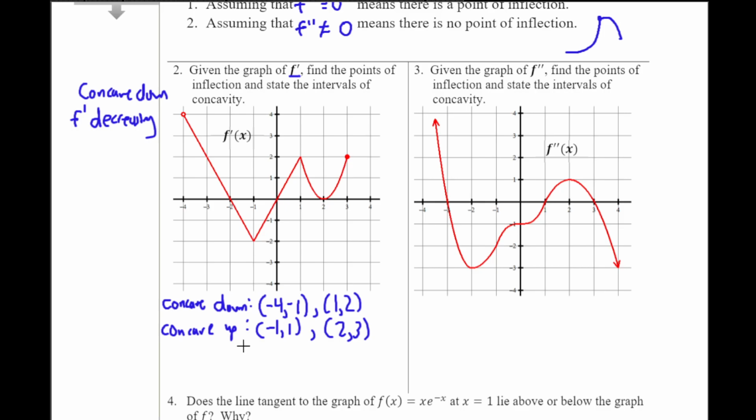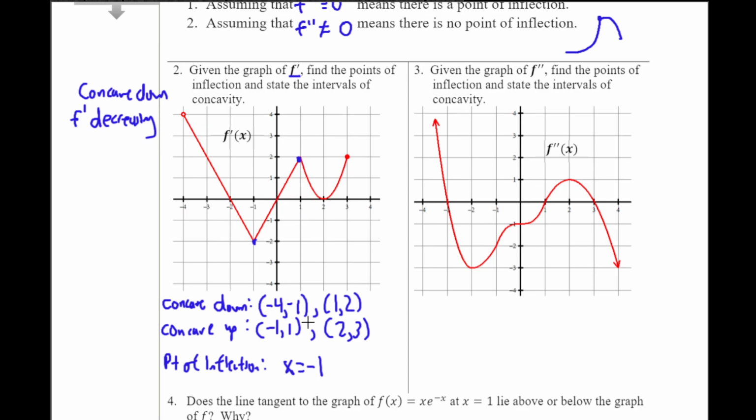So for the points of inflection, we just have to know where the graph is changing concavity. At x equals -1, at this point right here, we're going from concave down to concave up.